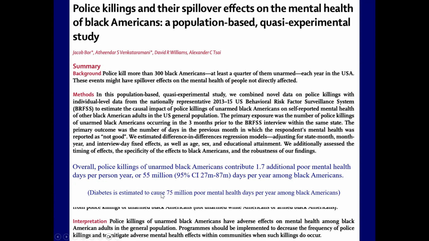This is an example of how to combine well-established surveillance data with another data resource on the exposure of police killing of unarmed Black Americans to deliver a message about the causal association.